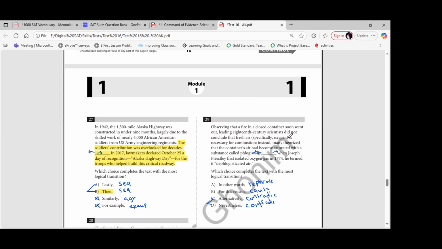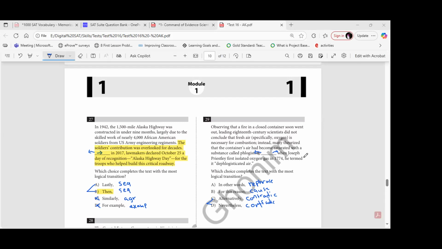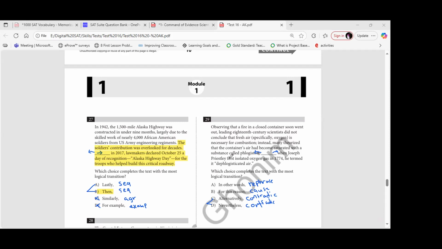Instead, many theorized that the container's air had become saturated with a substance called phlogiston. When Joseph Priestley first isolated oxygen gas in 1774, he termed it dephlogisticated air.